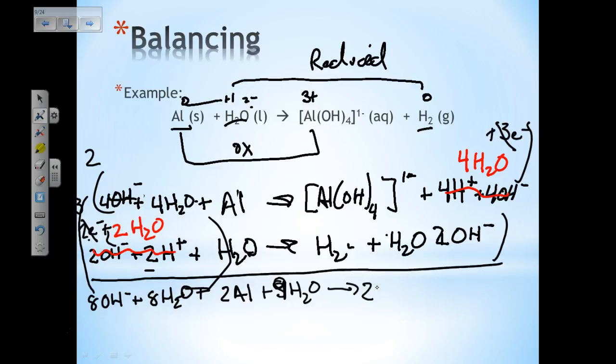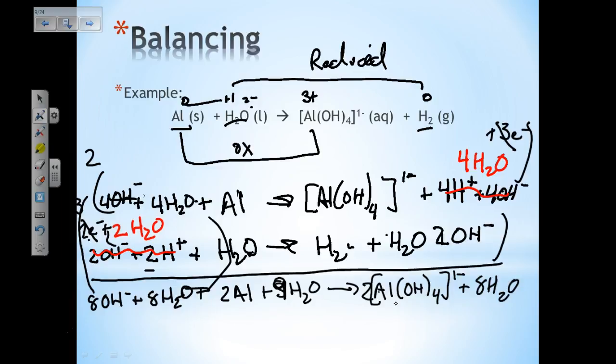Okay, so 2 Al(OH)4, in square brackets because we've already used the parentheses in there, 1 minus, plus 8H2O, because 2 times 4 is 8.